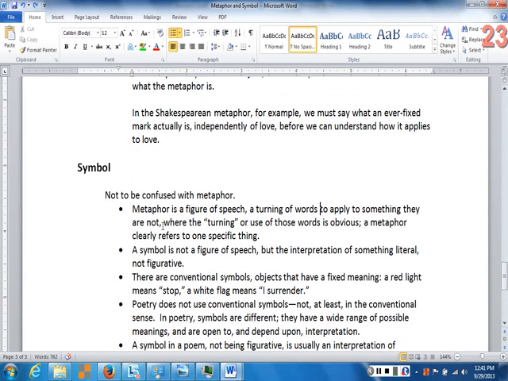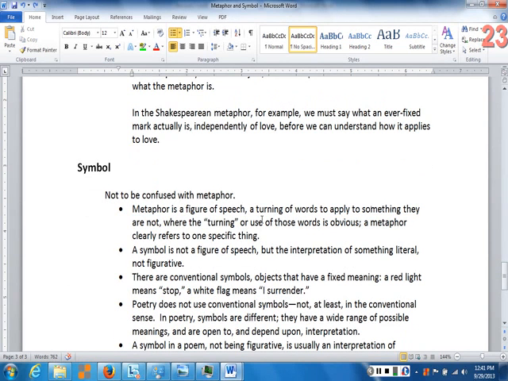Remember, we talked about how we know there's a metaphor if we take something literal and then say something about that literal thing that is literally impossible, but figuratively, metaphorically, is possible, okay?